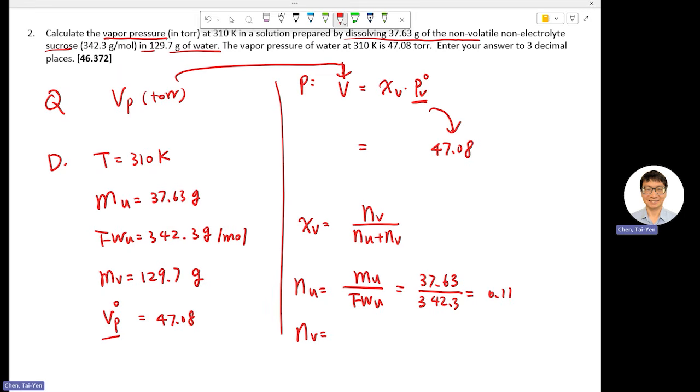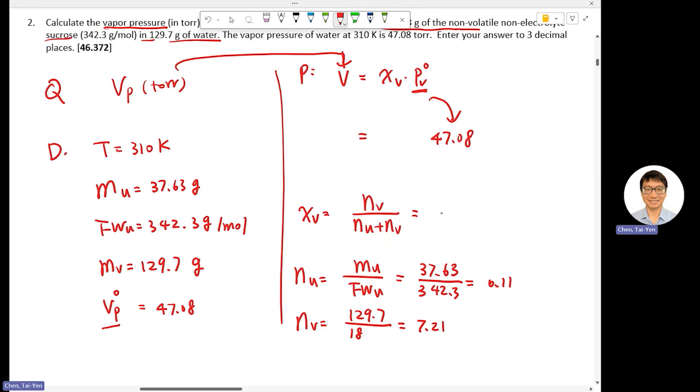Moles of your solvent: the mass of your solvent is 129.7. What's the formula weight of your solvent? Can you calculate the formula weight of water by yourself? If you can, just use 18 here. Then I get a number of 7.21.